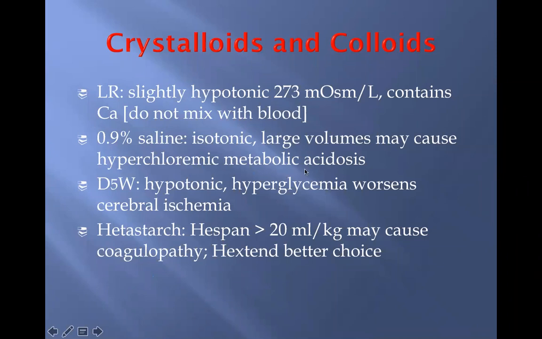We mentioned that. 5% dextrose water, hypotonic, hyperglycemia, worsening the cerebral ischemia. Hetastarch, which is a colloid, more than 20 ml per kg may cause coagulopathy due to dilutional thrombocytopenia, and hexastarch is a better choice than hetastarch.